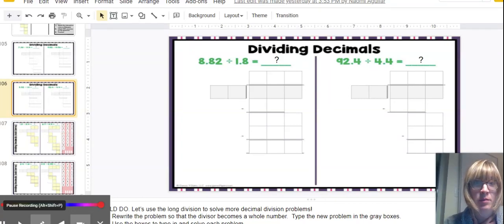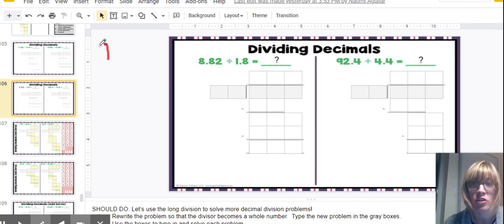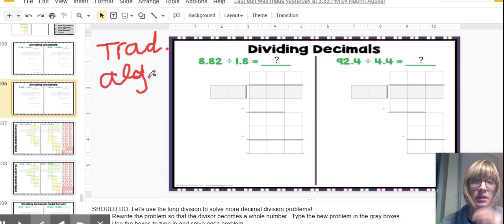Hey y'all, so we are going to be thinking about dividing decimals, and this time we're thinking about the traditional algorithm. So you may be familiar, I'm just going to write the traditional algorithm. This system kind of banks on you being comfortable and confident with your basic multiplication facts, right?